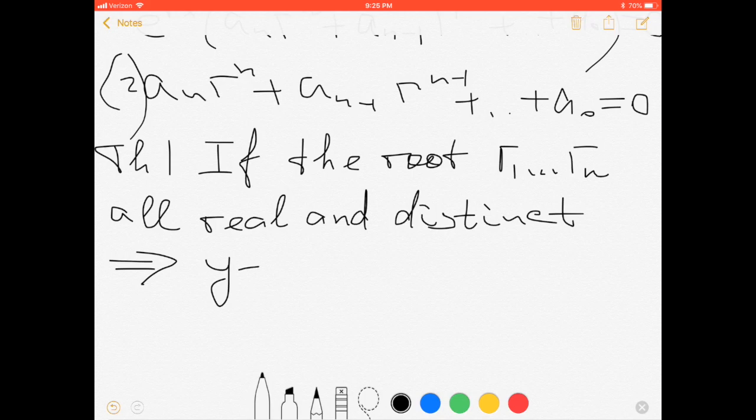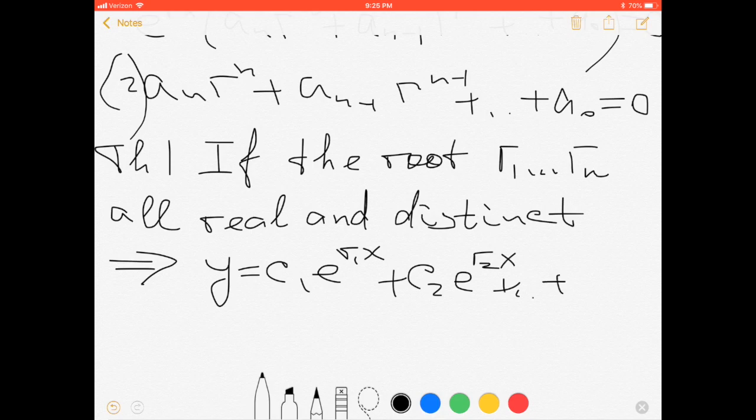the function c1 e to the power r1 x plus c2 e to the power r2 x plus and all this kind of sum, the last one cn e to the power rn x, will be the general solution of our equation number 1.